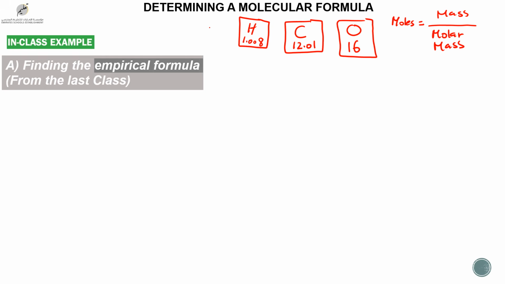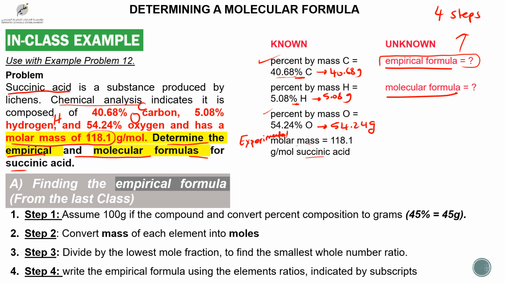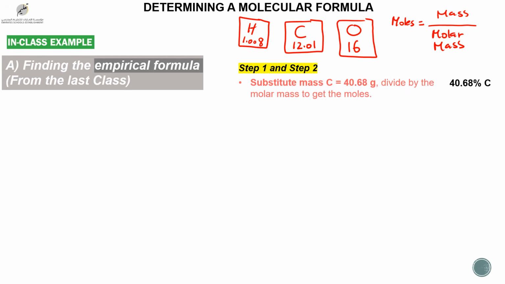So steps 1 and 2. We are going to combine step 1 and 2 here. The mass is going to be 40.68 grams. We converted the percentage to grams.